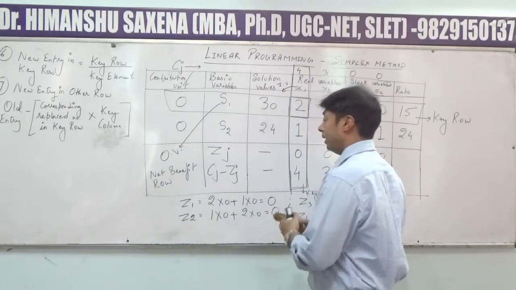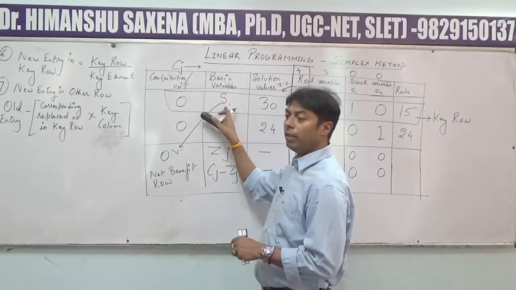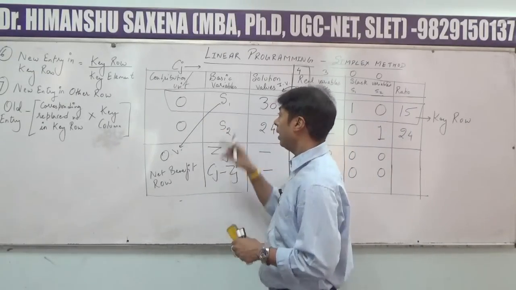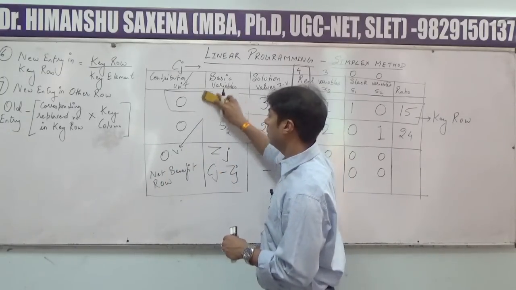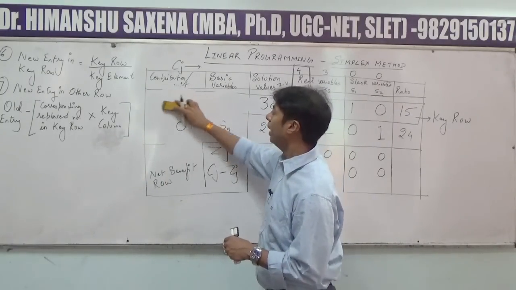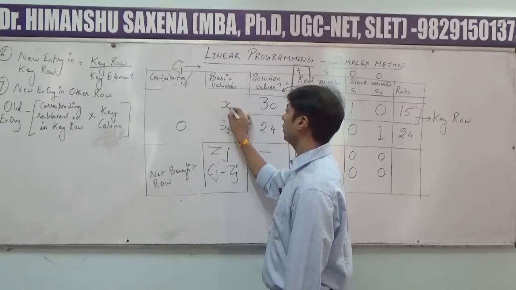How this will be constructed, please see. Now in the second table, S1 will go out. As I have just said, S1 is the outgoing variable. So S1 will go out, and in place of S1, you will have a new variable, that is X1.